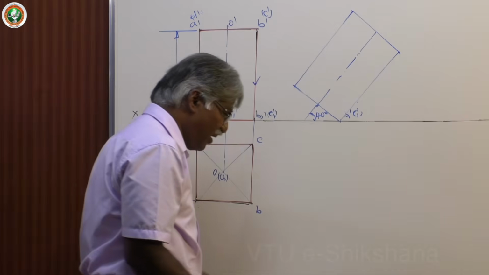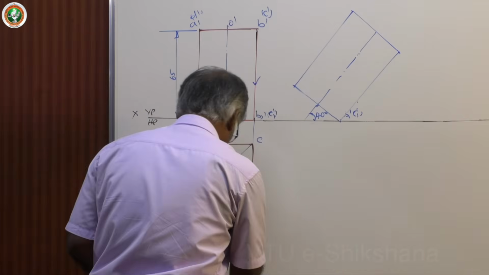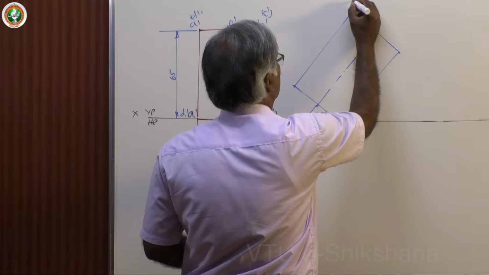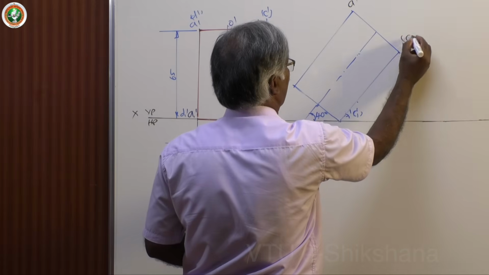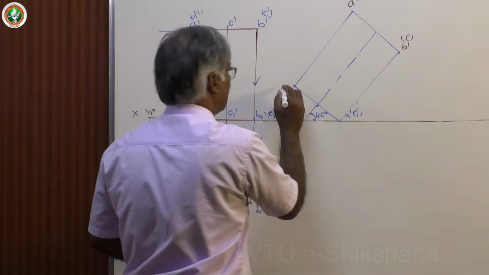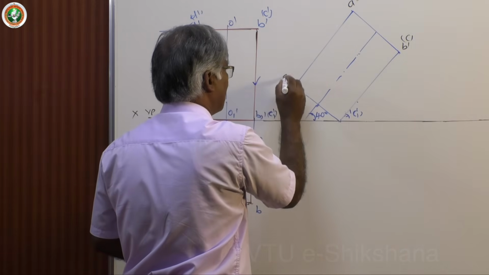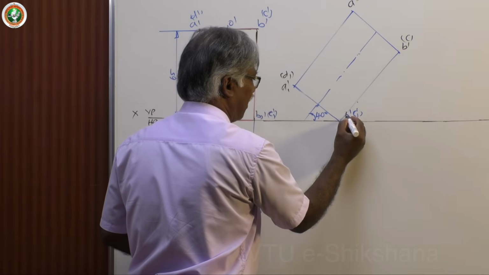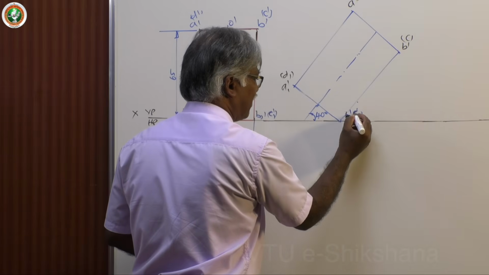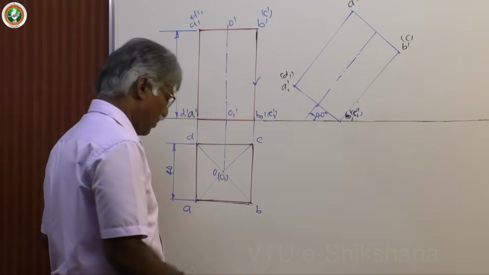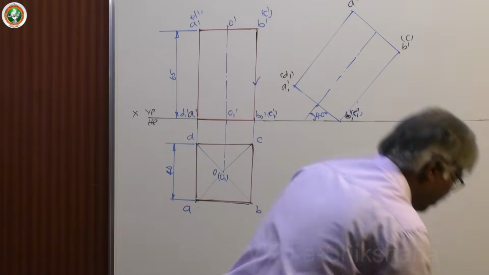Name these points and then work out. Now this is A dash, B dash, C dash, D dash. Similarly A1 dash, B1 dash. This I have already identified. B1 dash, C1 dash. Solve. So dot this portion.